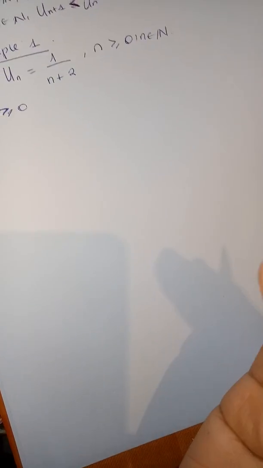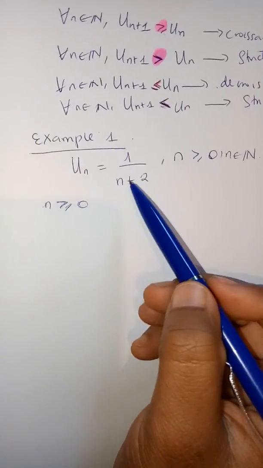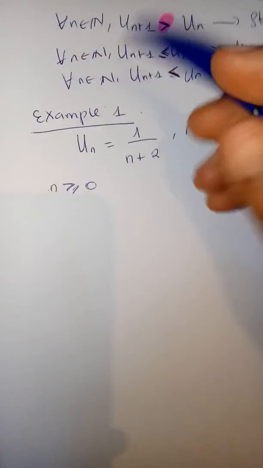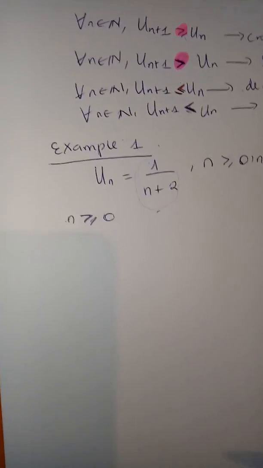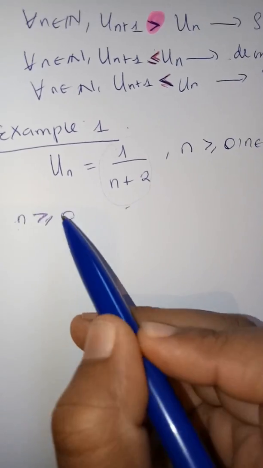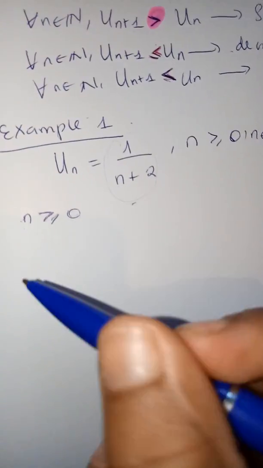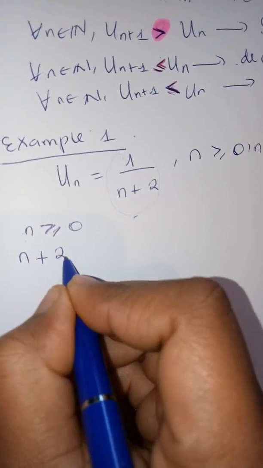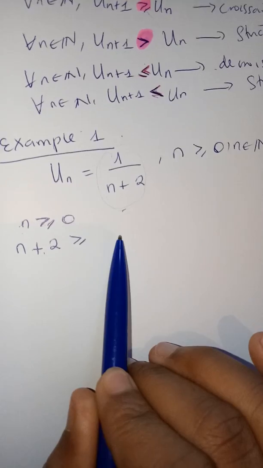we are going to gather this suite un together as we go on. I think it will be clear. Now we have n greater than or equal to 0. So now I have n plus 2 greater than or equal to, whatever I do here, I have to do to the other side.